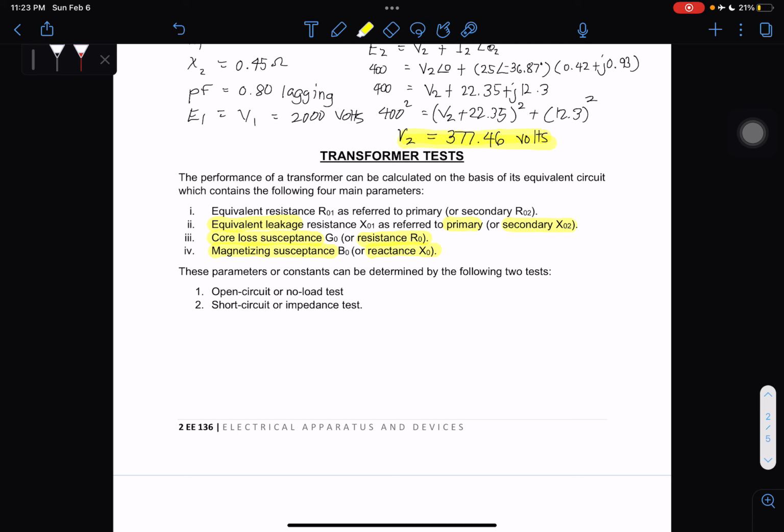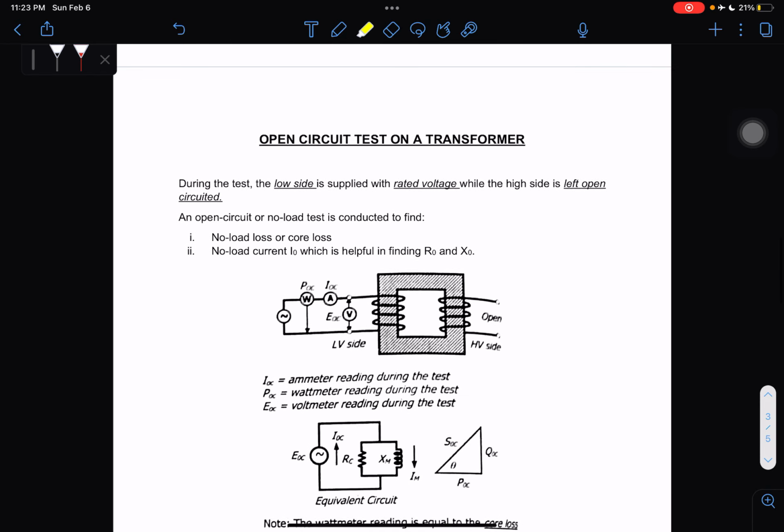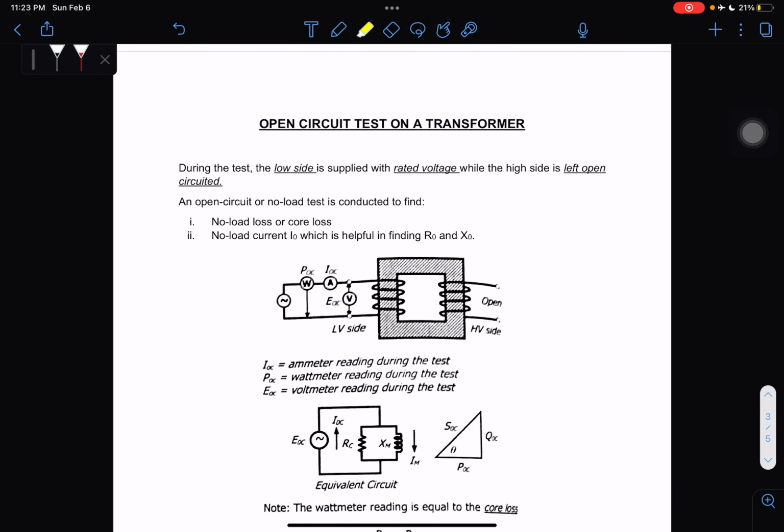In the transformer test, there are two tests. First, the open circuit or no load test. Second, the short circuit or impedance test. Let's tackle the open circuit test on a transformer.